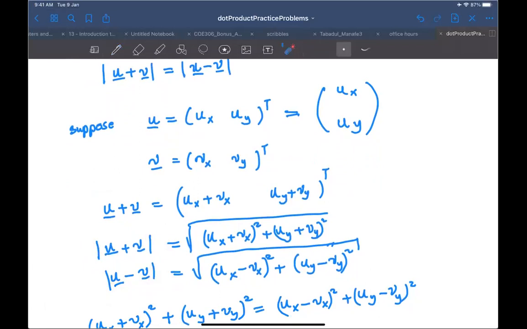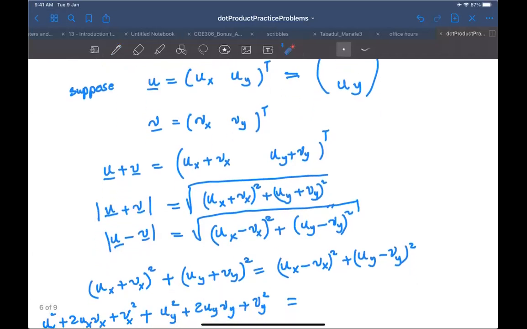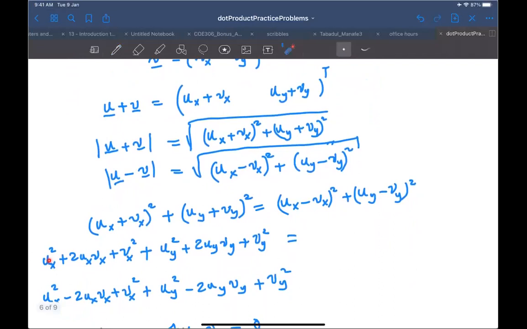It means that you need to solve the equation basically. So this equals this, which means that this equals this. So you square both sides, you reach this equation. And then expand these squares to get this horrible looking equation.